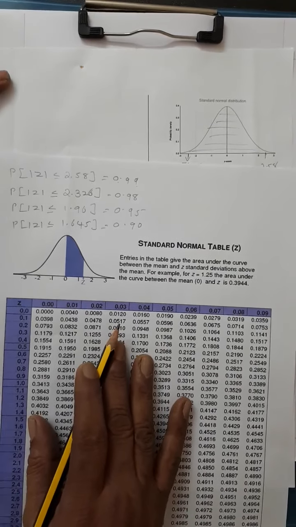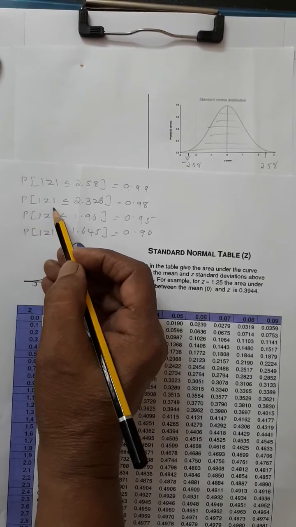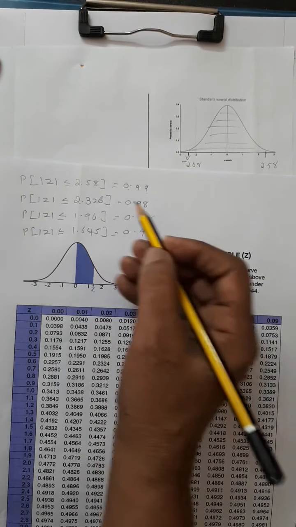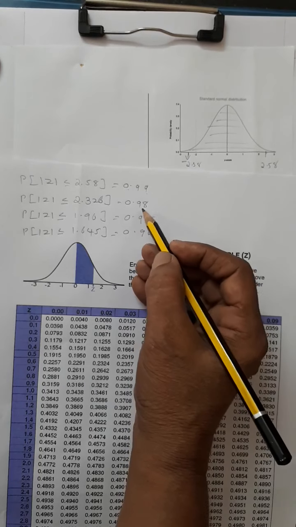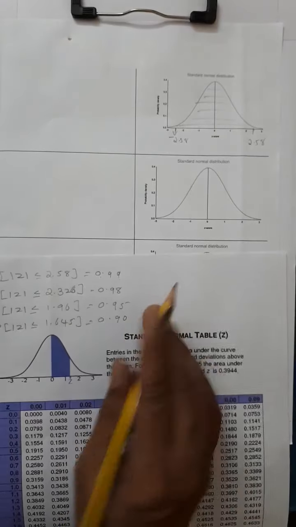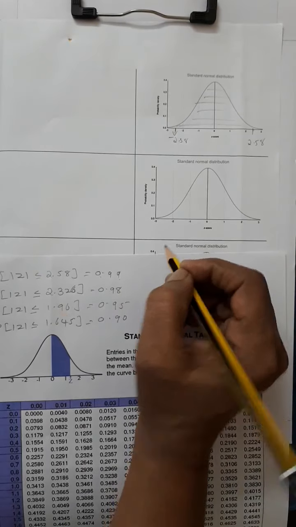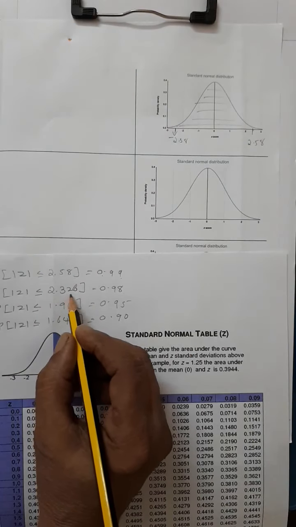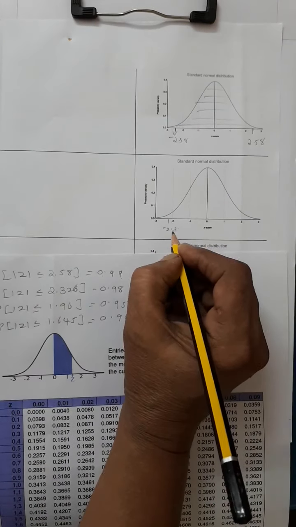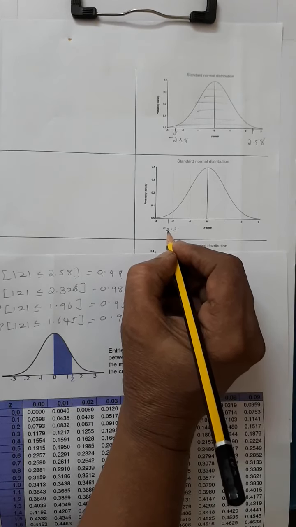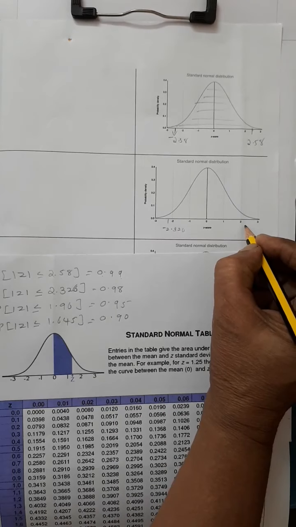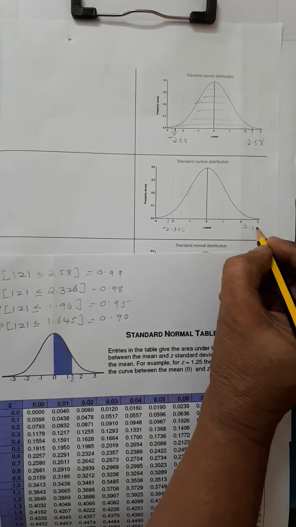Similarly, P of mod Z less than or equal to 2.326 covers 0.98 area. Because of this mod sign, we can write minus 2.326 to plus 2.326.